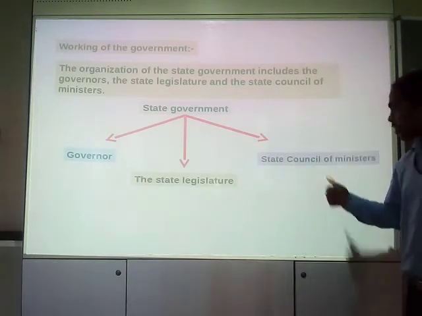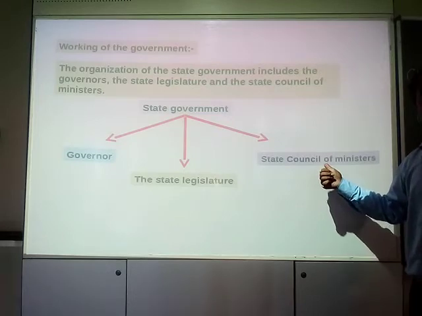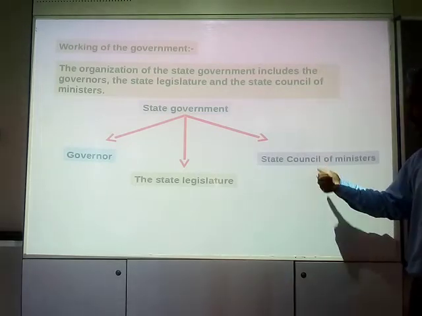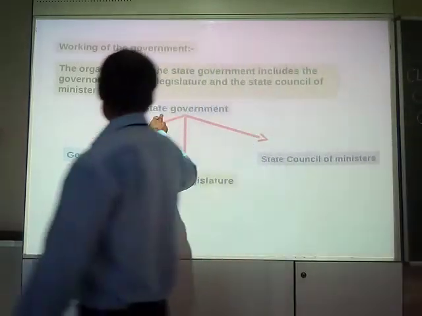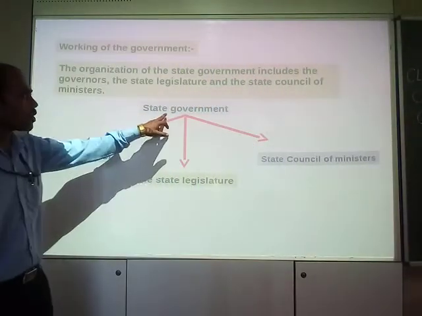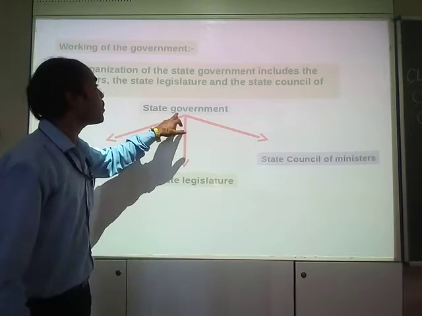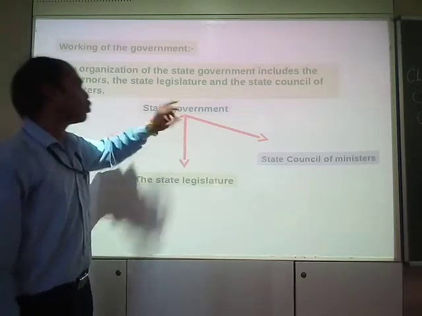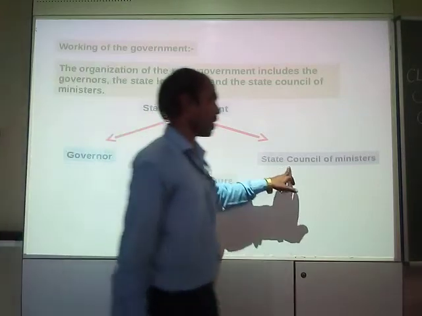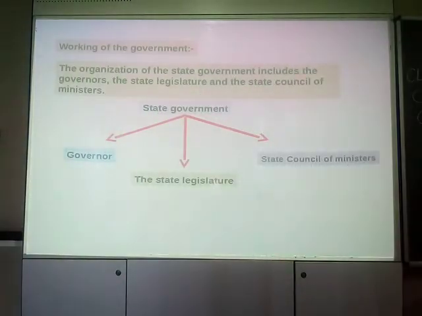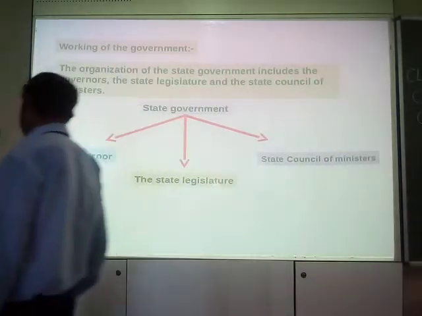All the council of ministers, including the CM, the chief minister, are included in this category. So the state government is made up of the governor, the state legislature and the state council of ministers. Always remember.